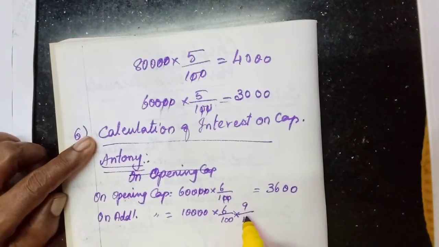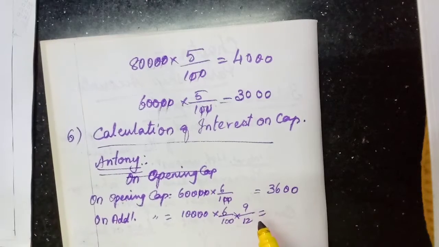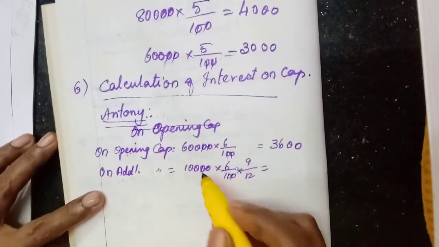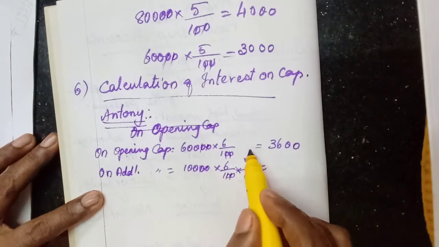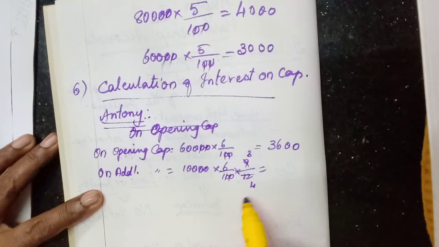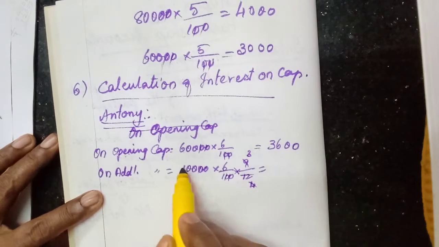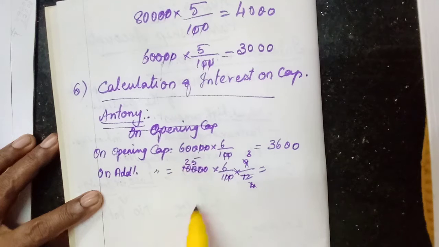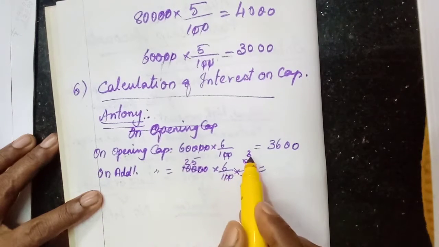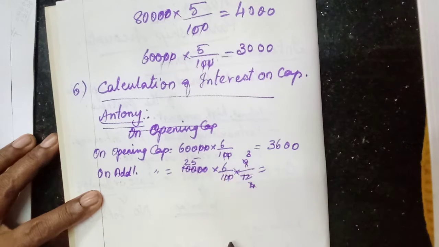So 9 by 12. We need to simplify this one. 2 zeros, then 3, 4, then this 4 we can simplify with this one. 25 fours. Then 25 into 6 into 3.